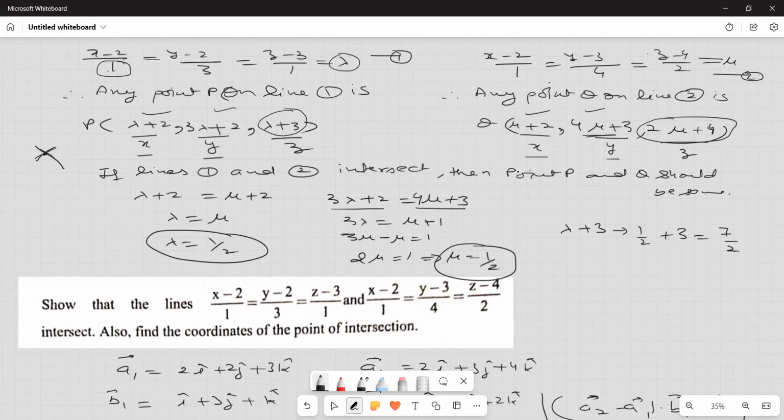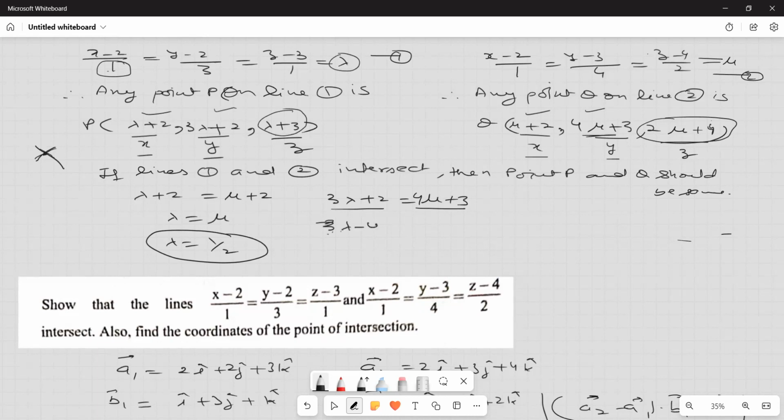So let us do it again. So this is 3 lambda minus 4 mu is equal to 1. If lambda is equal to mu, so let us put the value. So this will be 3 lambda minus 4 lambda, that is equal to 1, or minus lambda is equal to 1, or lambda is equal to minus 1.